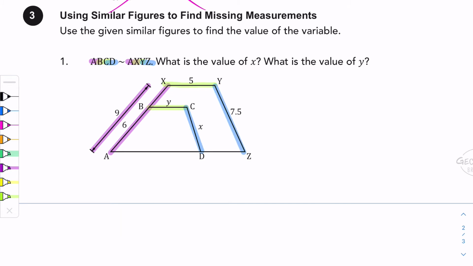So in order to solve for the missing variables, we're going to have to set up a proportion. And my proportion, I'm going to start with my small figure in the numerator. You could do this either way, but this is what I'm going to do. The sides of the smaller figure divided by the larger figure.